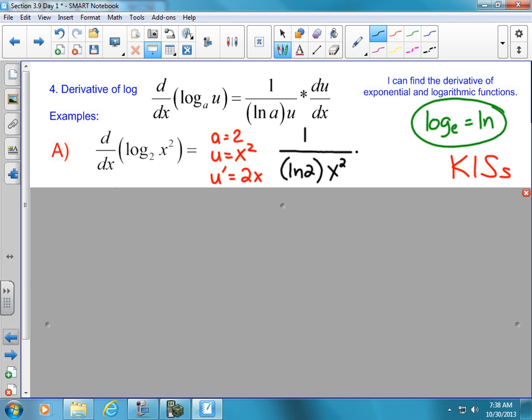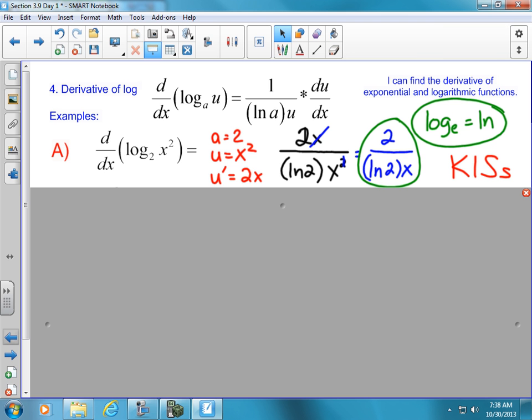I'm going to write it on the top, 2x. We can actually simplify this just a teeny bit by canceling out 1x here and 1x here, and we get 2 over ln of 2 times x. And that is our final answer.